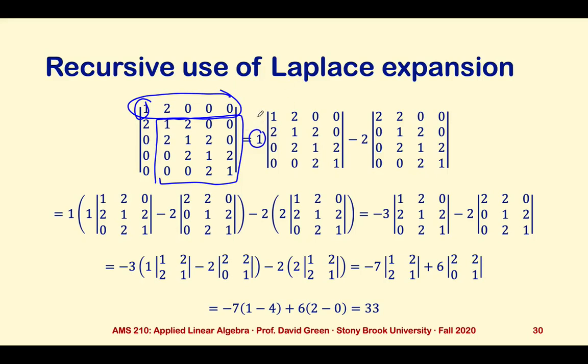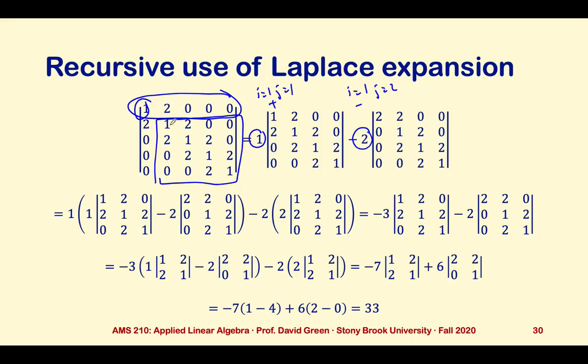This was the 1, 1 case, so it's a positive. We then move to the next entry, a 2. This was i equals 1, j equals 1, so it's positive. This was i equals 1, j equals 2, so it's negative. Coefficient of 2.